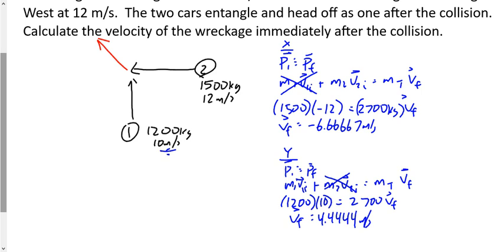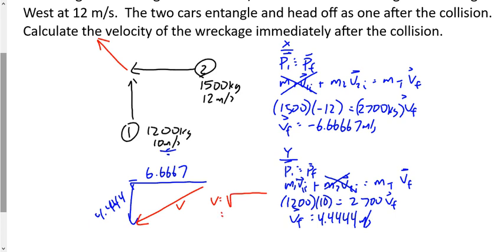And now we do our little triangle thing. 6.67, 4.444. V is equal to the square root of those, which gives me 8.0 meters per second. Theta is, oh, wait a second.